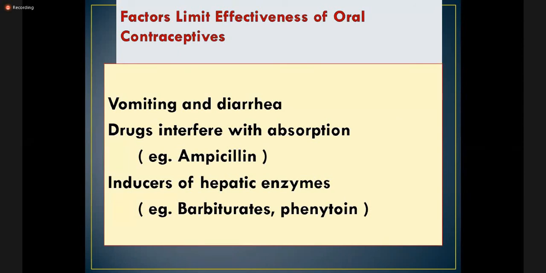And another scenario that is asked in the USMLE exam: a young couple, university students, they have married, but they have decided that till the completion of their studies, they are not going to conceive. They are not going to become a father or mother of a child.